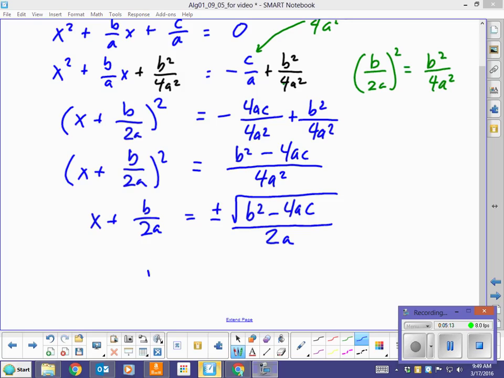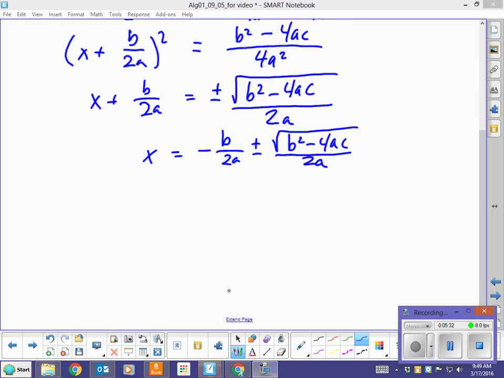So I'm going to go ahead and subtract b over 2a from both sides. So it's negative b over 2a on this side, plus or minus all this stuff, the square root of b squared minus 4ac over 2a. And since I have a common denominator here, I can just easily simplify this.